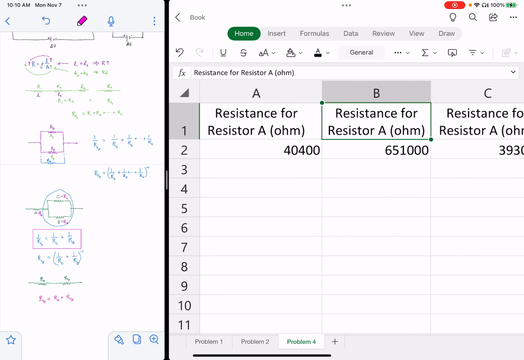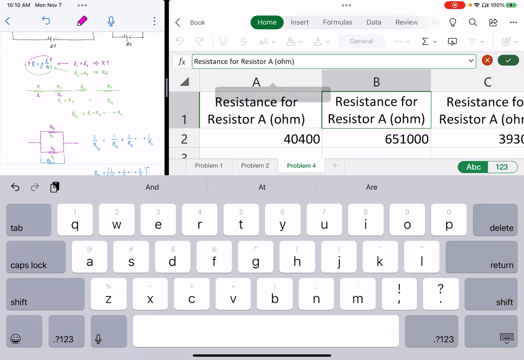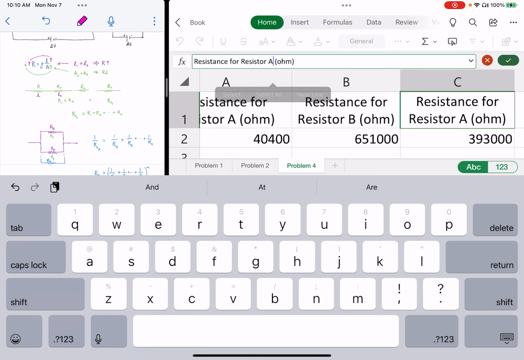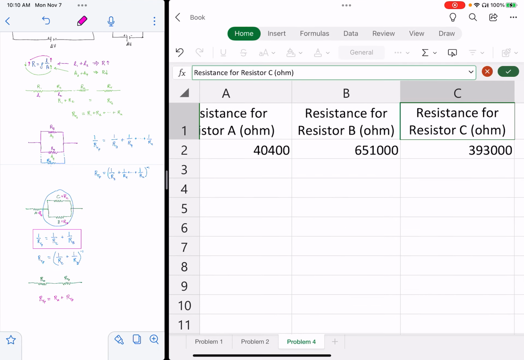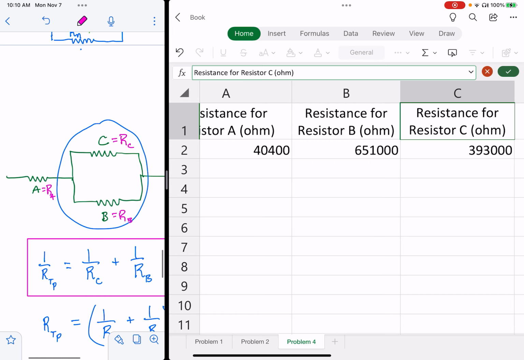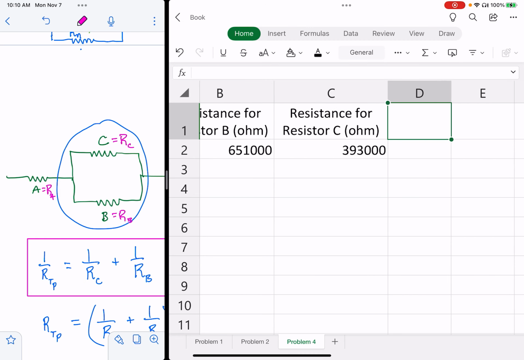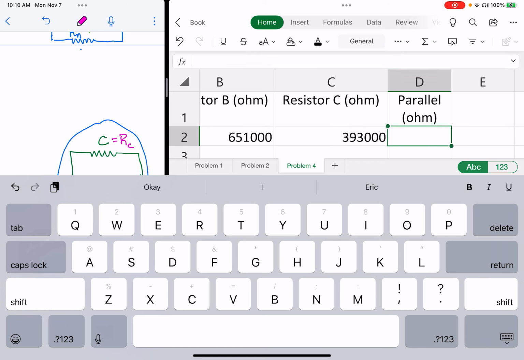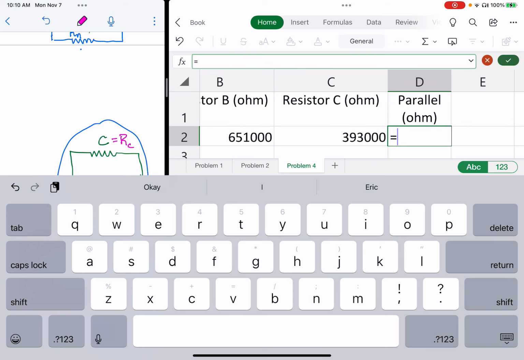We want to keep them in ohms. So I have resistor A here, and this is actually resistor B, and then I have resistor C here. We definitely have to go back to our original circuit. The first thing that we want to solve for is the resistance in parallel. This will be in ohms.